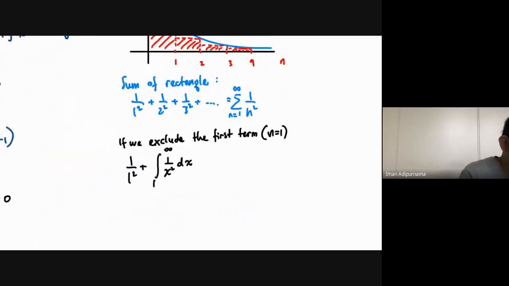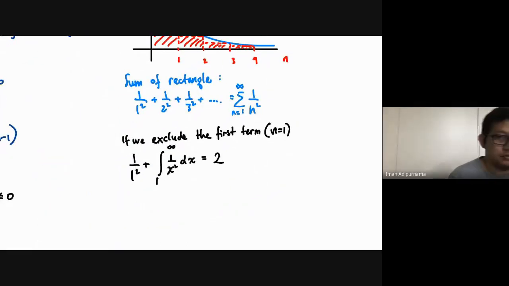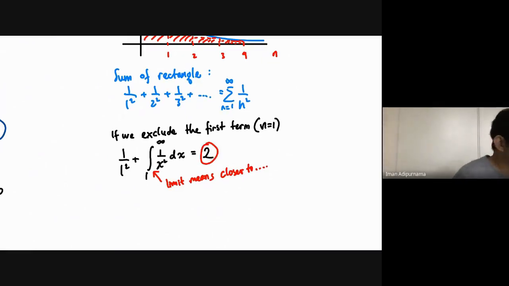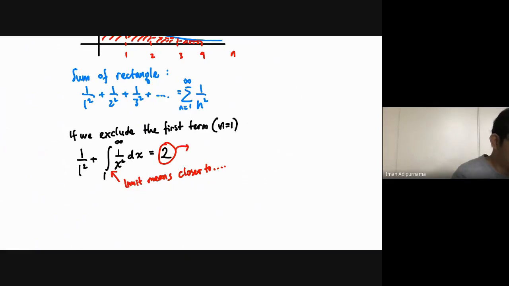Okay, now we have this equal to, right? Okay, remember the limit. The limit means it's closer to some value, right? So actually, the actual number is less than 2. The actual sum is less than 2.